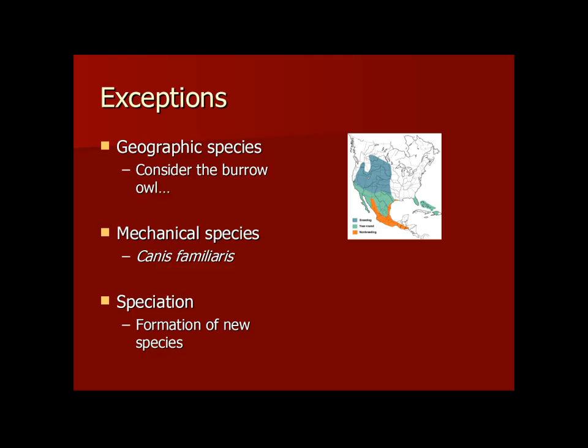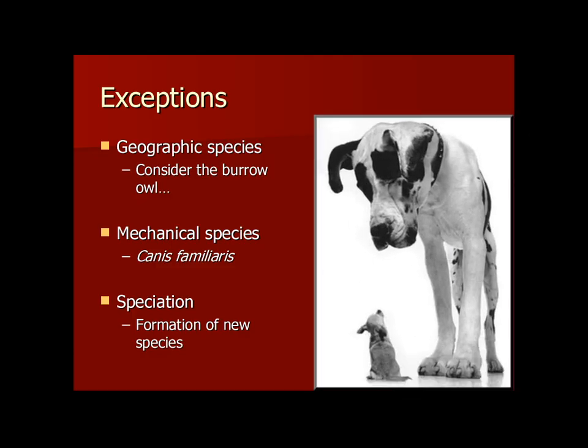Right. Mechanical species refers to a circumstance, and I will use a slightly different example just because it's handy and it works. There's our owl. Okay, I'm going to talk about Canis familiaris in this case, or Canis lupus familiaris, depending on the nomenclature that you use. Specifically because people have bred them to be very different from one another physically.